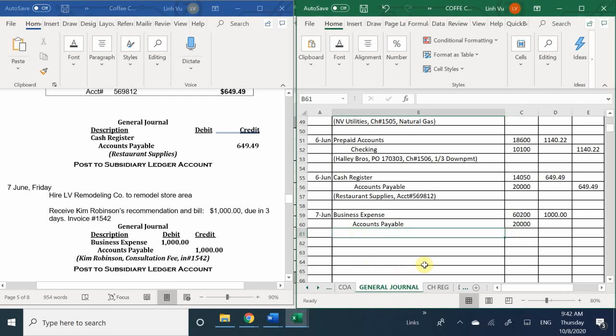All right. So with that piece of information that we're given here, we can go ahead and safely assume that Kim Robinson is our vendor. And you can place in why you're getting a bill for this. And you could say, well, it's for consultation fees.